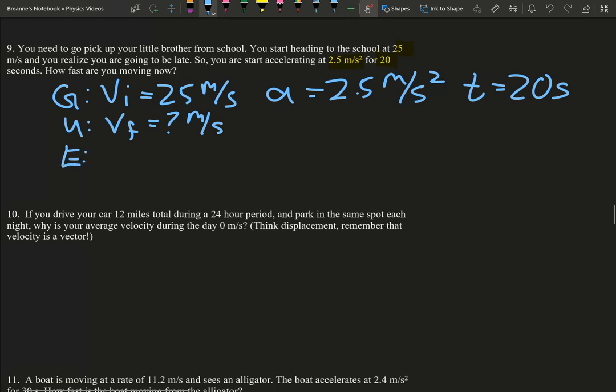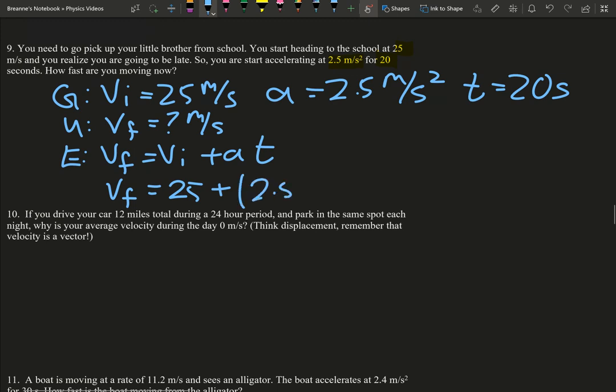So your equation is just your final velocity equals your initial velocity plus AT. We're looking for our final velocity. Initial velocity is 20. Acceleration is 2.5. Time is 20 seconds. So if you think about PEMDAS, you have to do the 2.5 times 20 first.